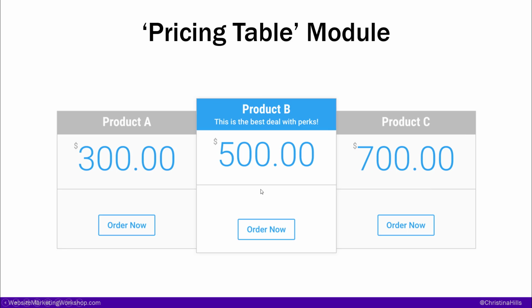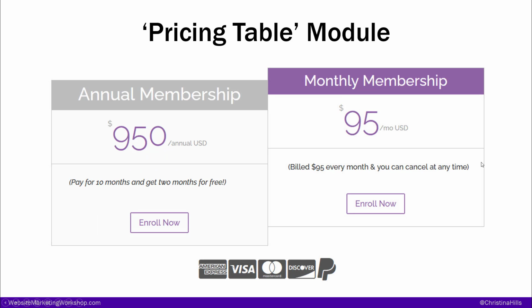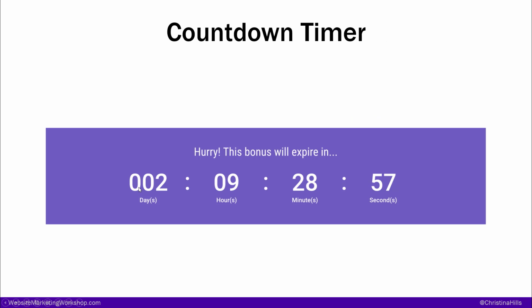It's when something is offered and there's different versions. So for example, for the website marketing workshop, you can pay monthly or you can pay annually. When you pay annually, you get 2 months for free. So that's a pricing table. And Divi does all this nice formatting for you.